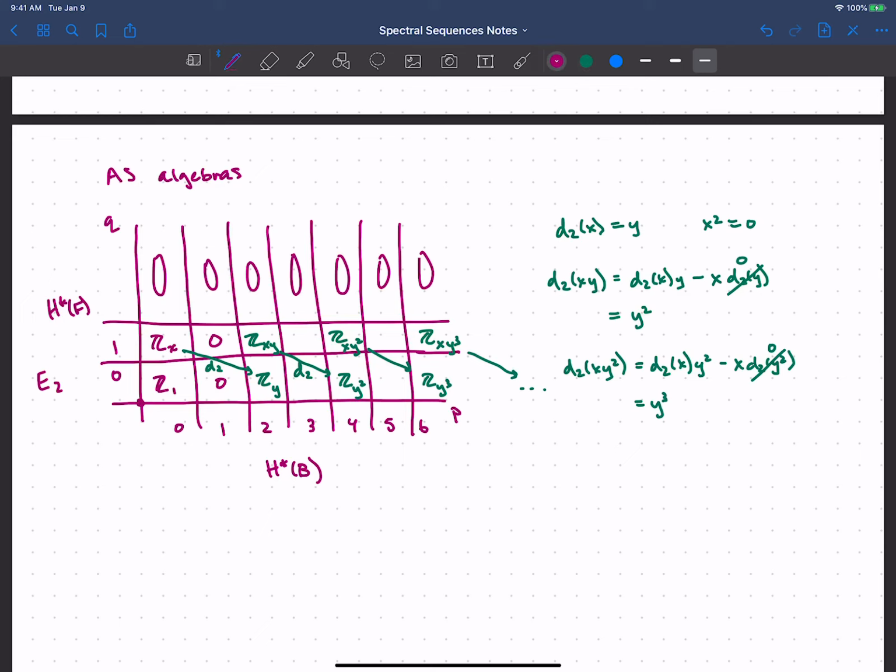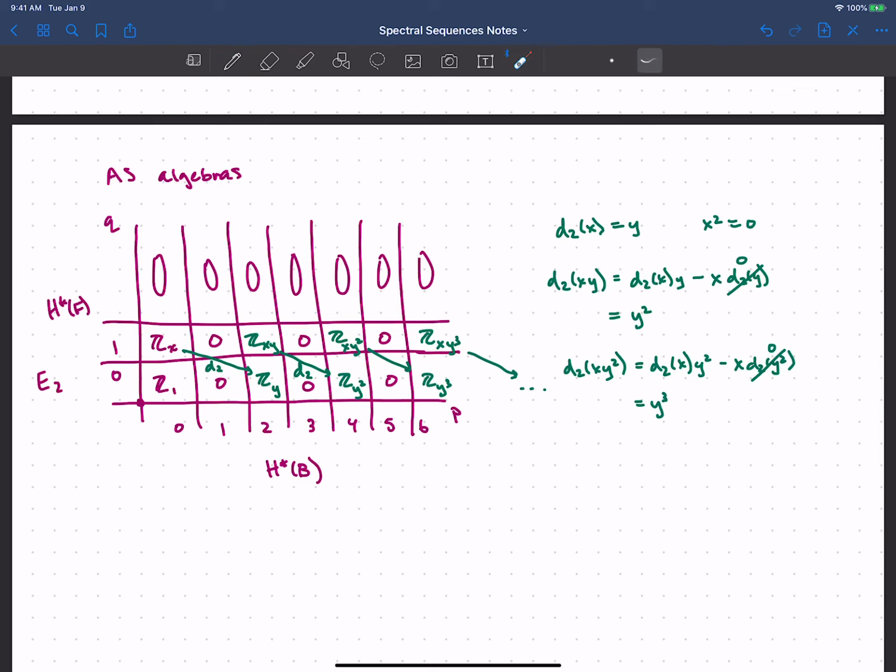All right, also for degree reasons, as before, if I look in this spot here, then the only place I could have a differential is from here, if it were a d2, or maybe here if it were a d3, and there's nothing there. So this must be 0, and that makes that 0, and we can play the same game here and here.